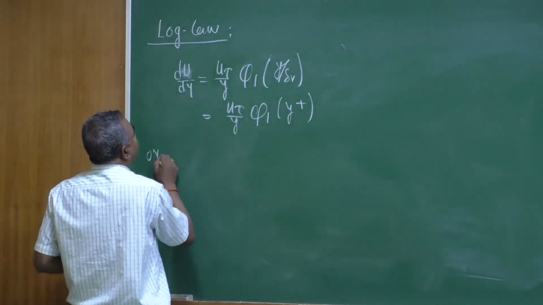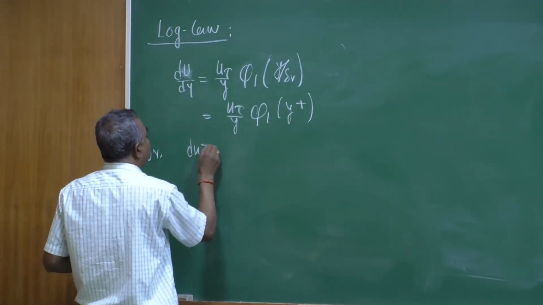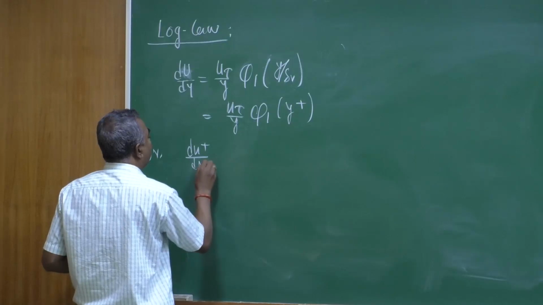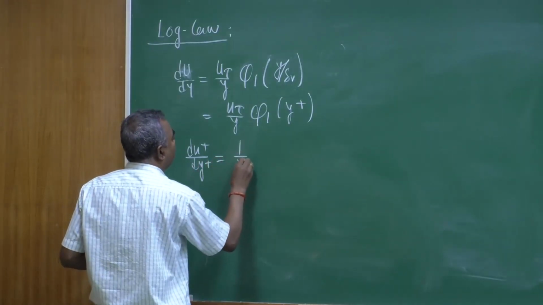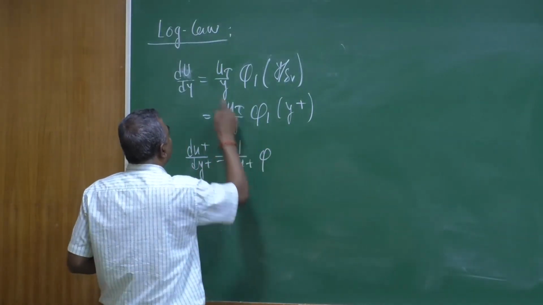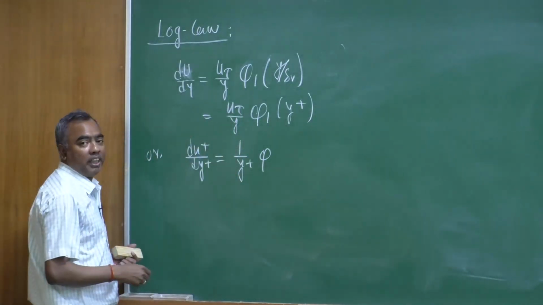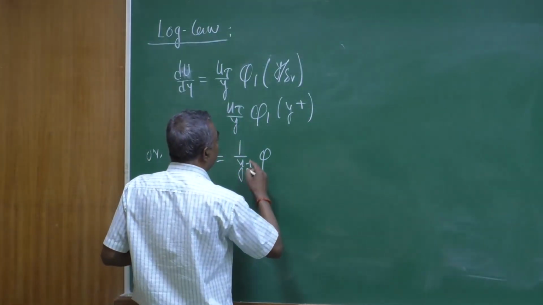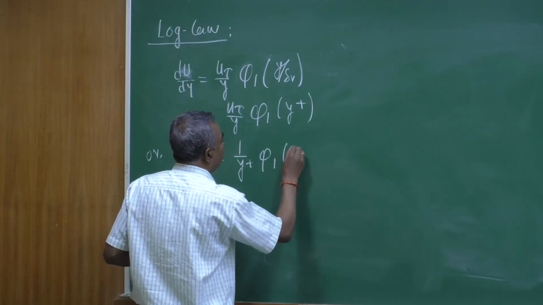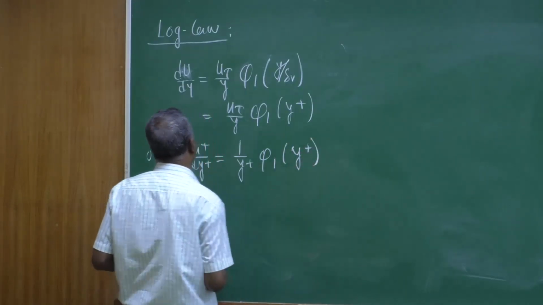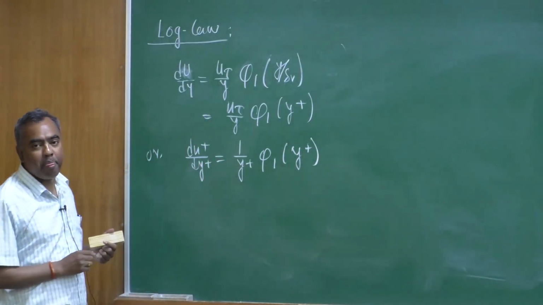Or you can write du plus dy plus equals 1 by y plus, just normalization: velocity u by u tau, and y by y u tau by nu. Then we get this relation.